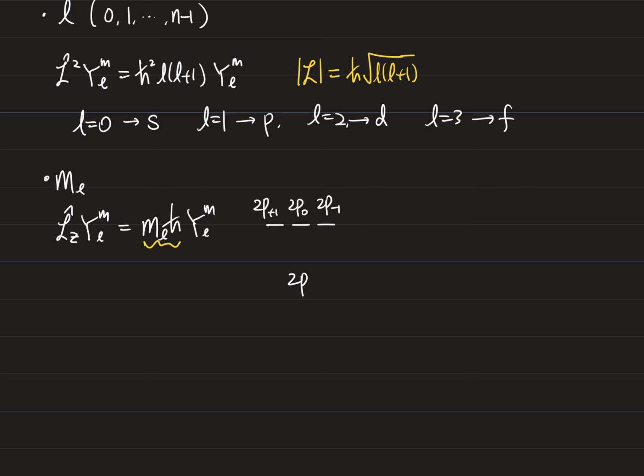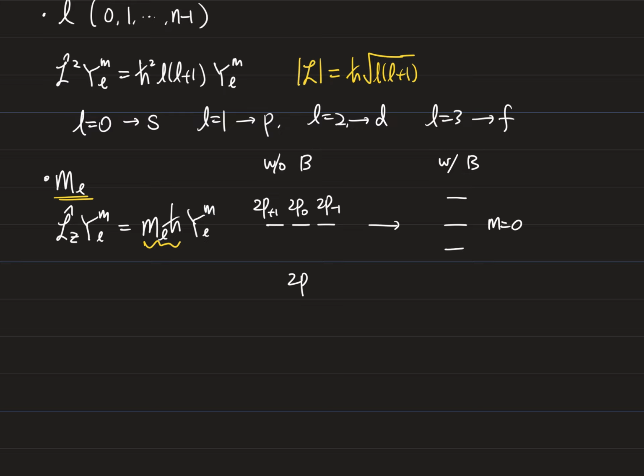So the subscript means the magnetic quantum number. Without external magnetic field, they are threefold degenerate, but when you apply the magnetic field, they are split into 3 sub-levels.